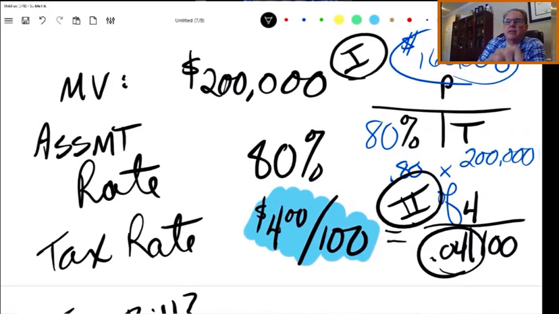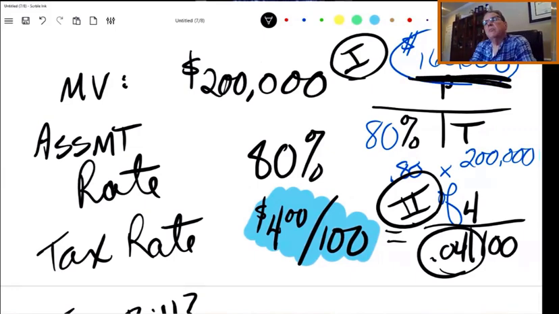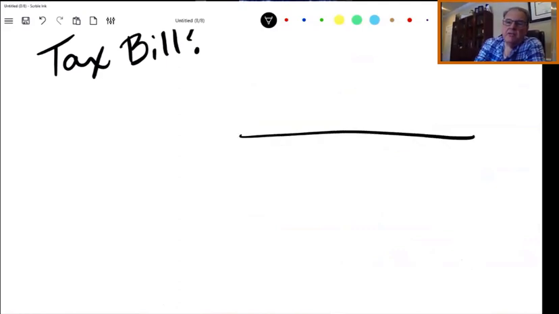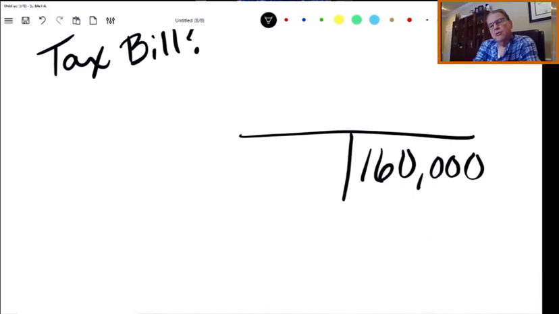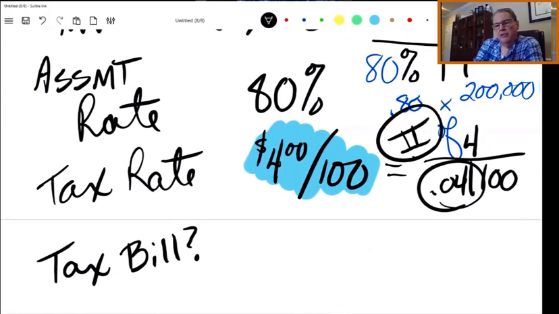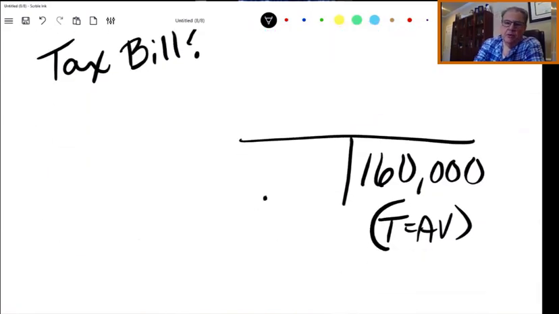I'm going to combine these two now. The part that represented assessed value has now turned into the total assessed value. And the percentage now is the 4%, 0.04.